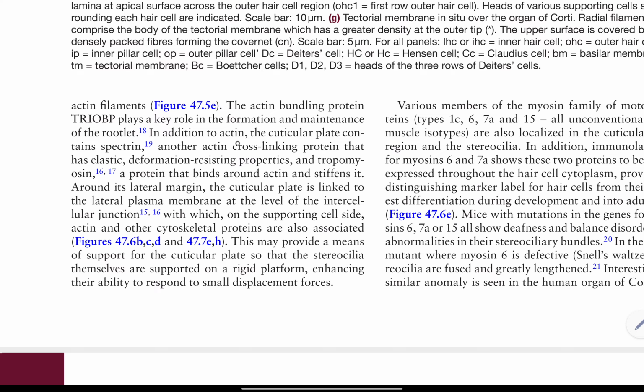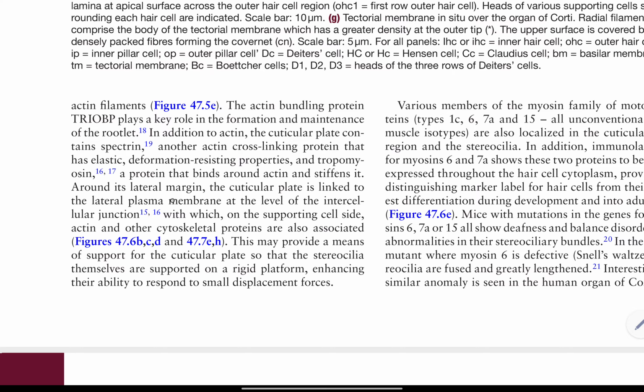In addition to actin, the cuticular plate contains spectrin, another actin cross-linking protein that has elastic deformation resisting properties, and tropomyosin, a protein that binds around actin and stiffens it.